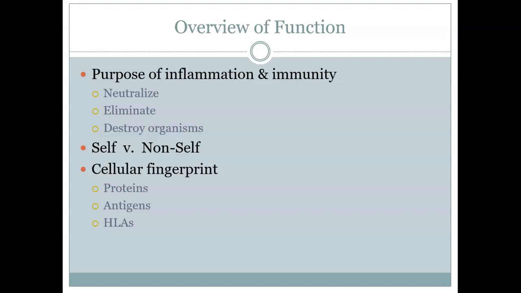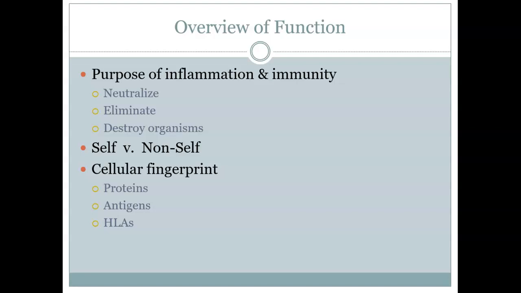So there are proteins on that HLA complex that recognize whether whatever cell it's come in contact with is part of the host, the body of the host, or if it's something different.